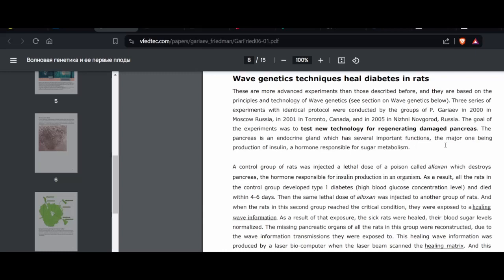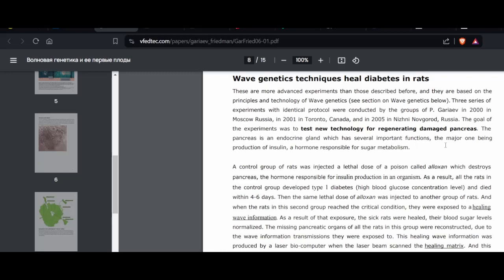So this healing wave was produced by, quote, a biocomputer when the laser beam scanned the healing matrix, unquote. And the healing matrix was the healthy pancreatic cells from the newborn rats. So they take healthy pancreatic cells, shine their laser through it.